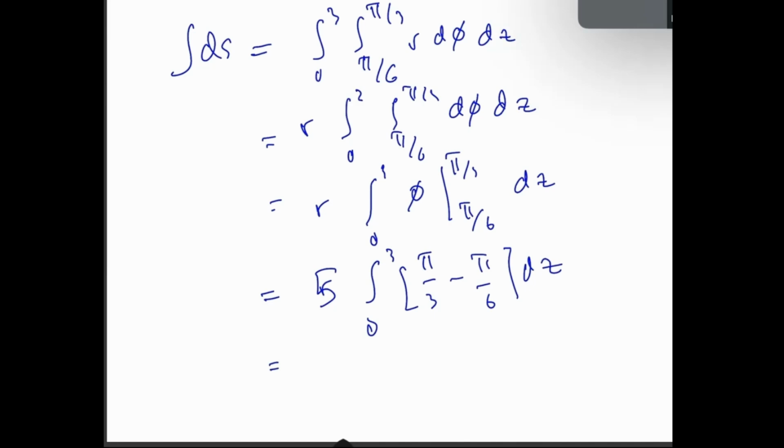So it becomes 5, 0 to 3, pi over 6, dz. So finally you get 5 pi over 2.